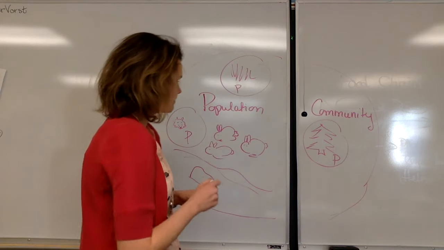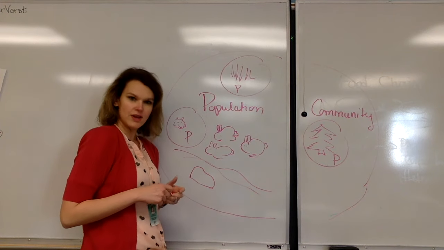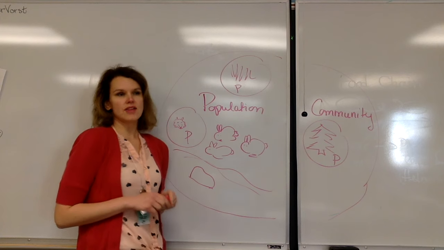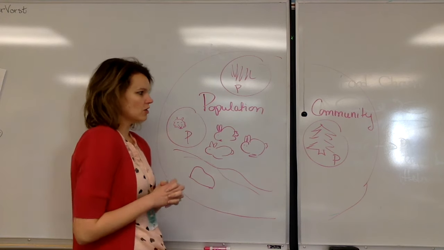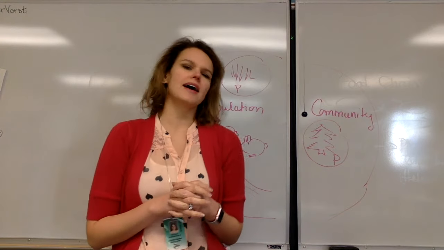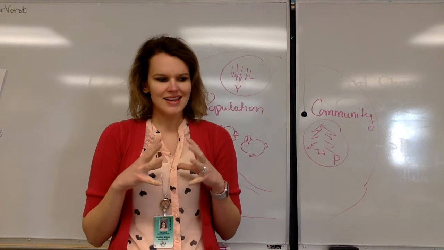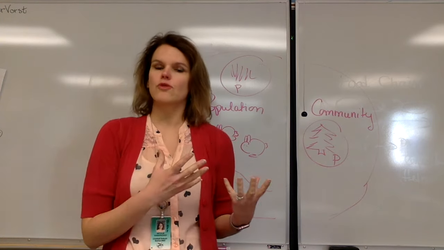A couple of other terms: habitat. Habitat is where the organisms live. Included in a habitat is also what's called a niche. Their niche is the role that they have in their environment. Now, you and I each have a niche, and the thing I want you to keep in mind is that a niche is not just, hey, the bunny is the prey, the wolf is the predator.